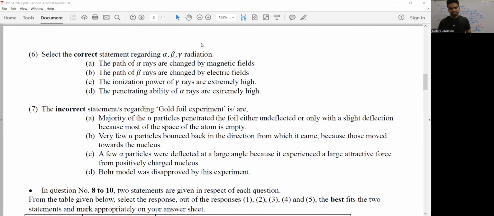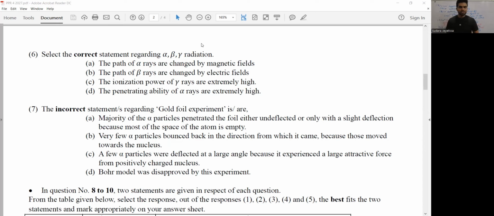Gamma has the lowest ionizing power because gamma is very small, so it is very hard to knock electrons away from gaseous atoms. The highest ionizing power will be alpha because it is relatively large. So you can write it down: C is wrong, because alpha is the one having higher ionizing power.